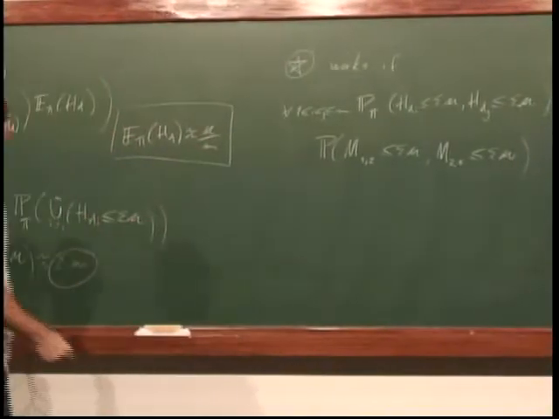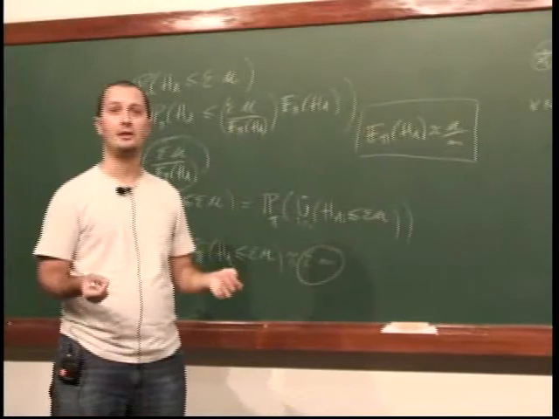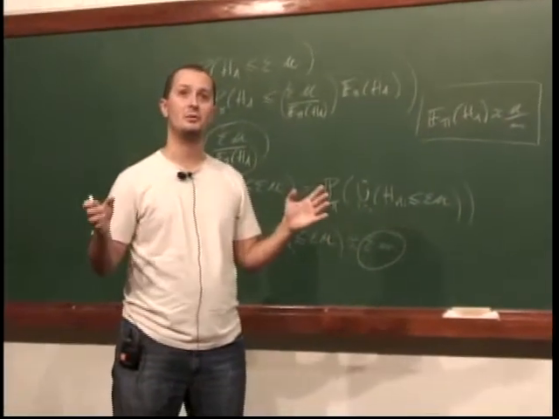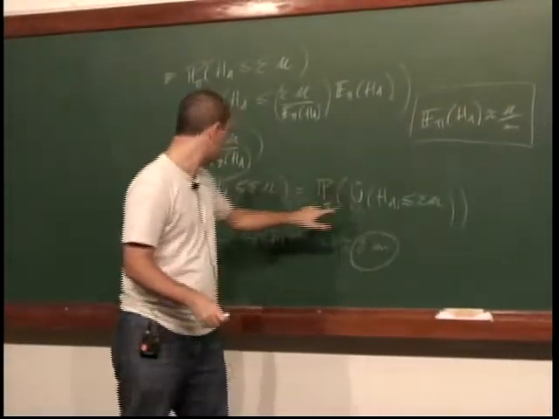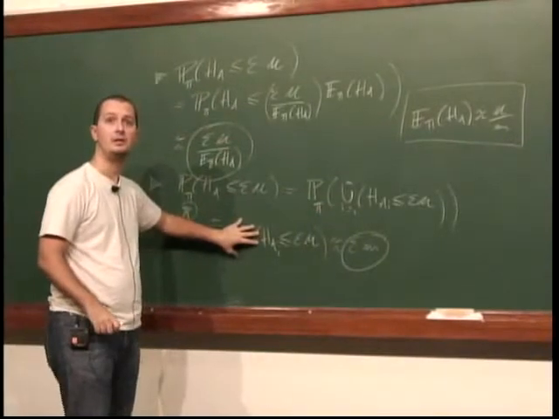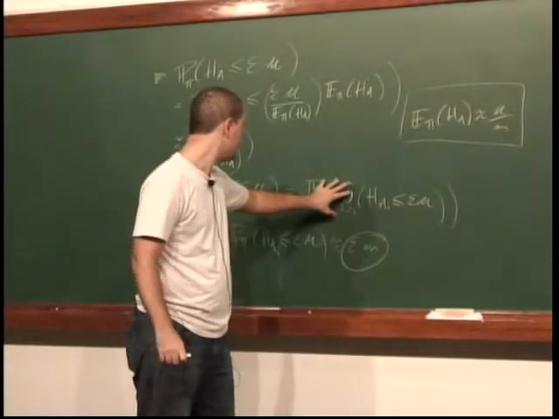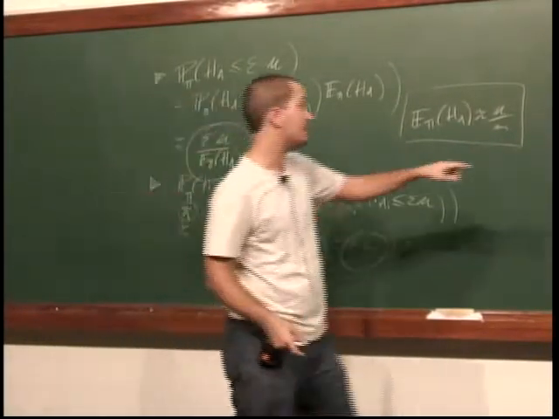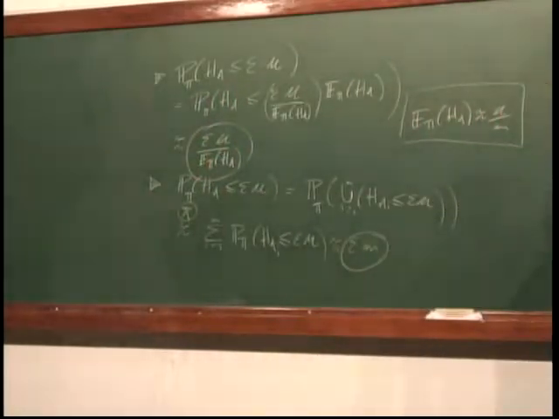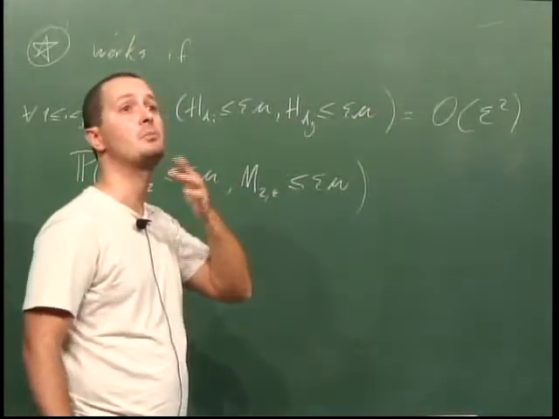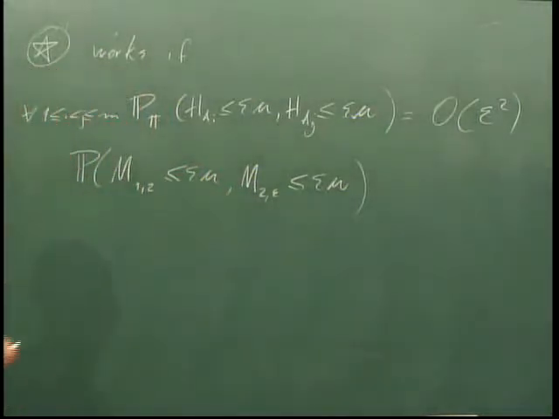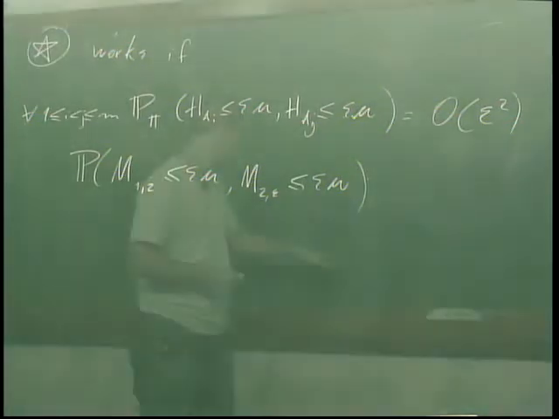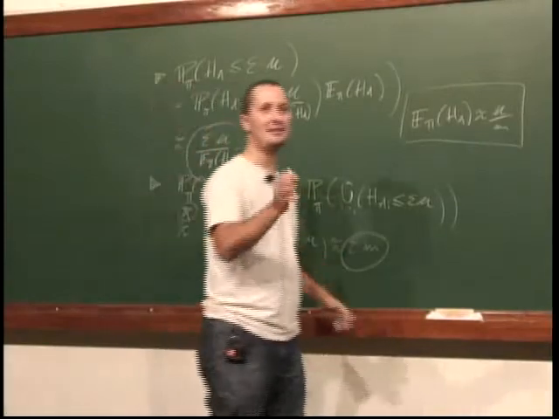Because in the end you're going to use something like a Bonferroni inequality, inclusion-exclusion up to term 2. On one side, this is certainly smaller than this. On the other side, this is larger than this minus the sum of terms of this form. Because epsilon is small. You need epsilon to be very small relative to m as well. So epsilon should really be small, and in some sense that is implicit over here.